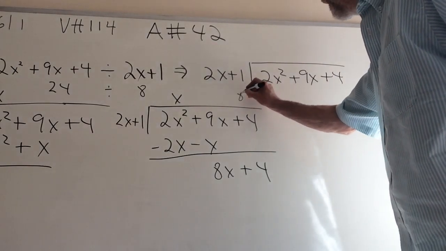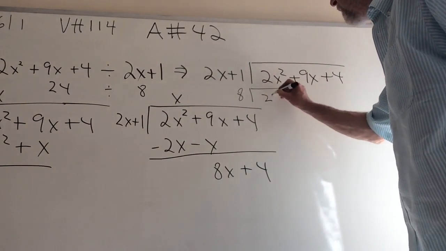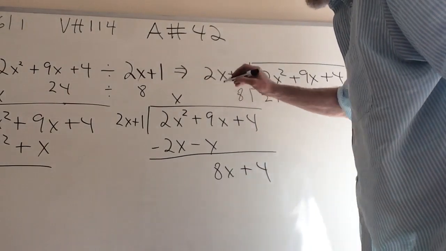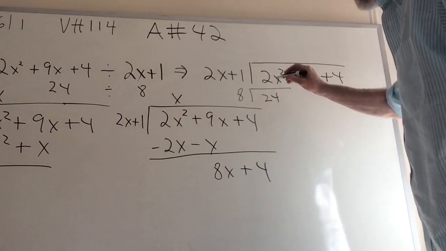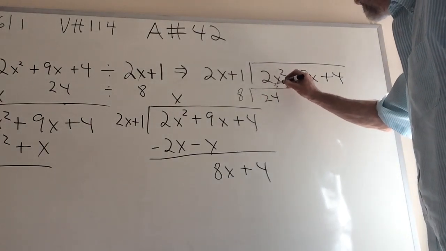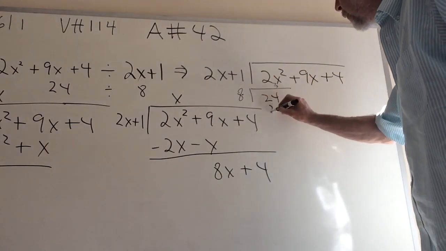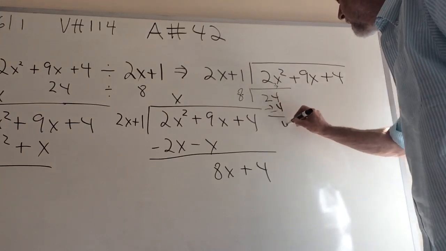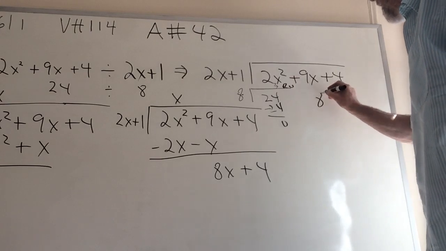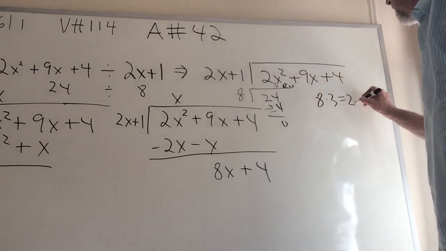Here I'm just dividing 8 into 24. And 8 goes into 24 3 times. 3 times 8 is 24. When I subtract, I have a remainder of 0. And so I check: 8 times 3 equals 24.